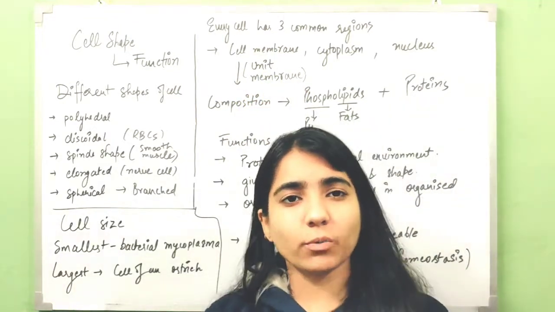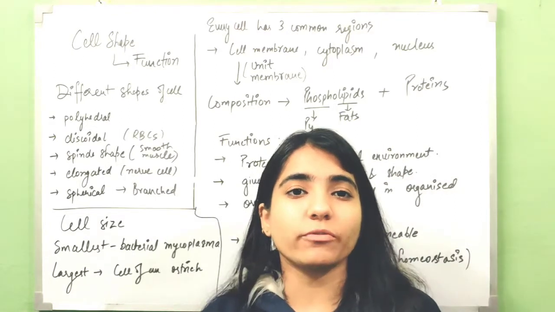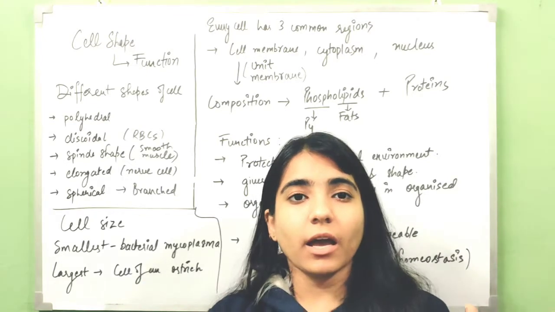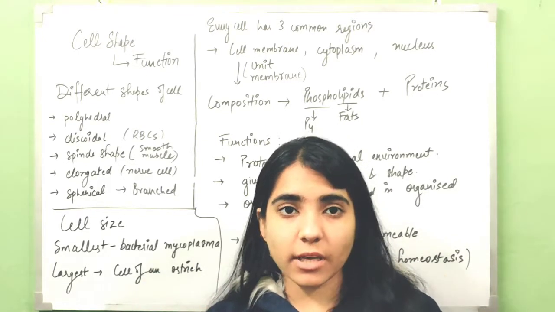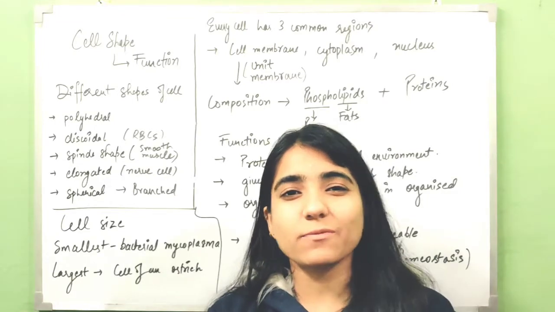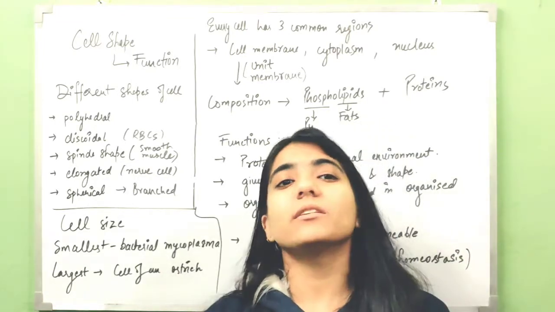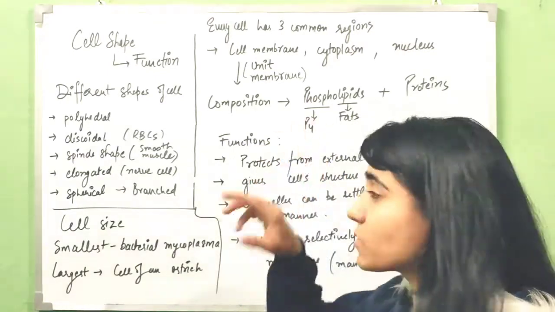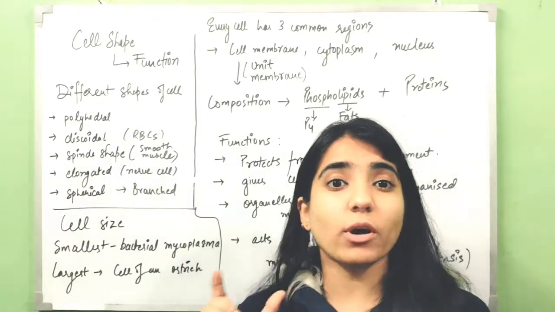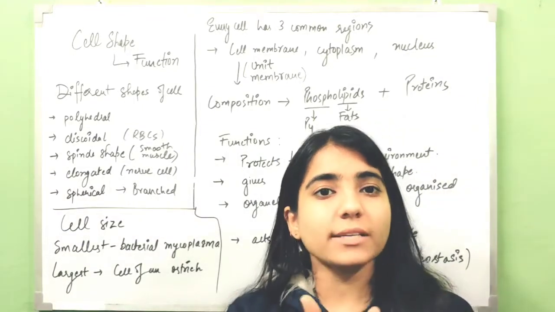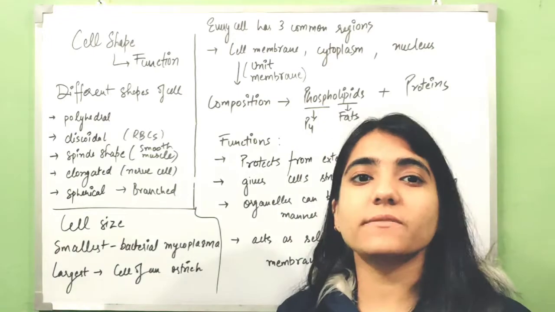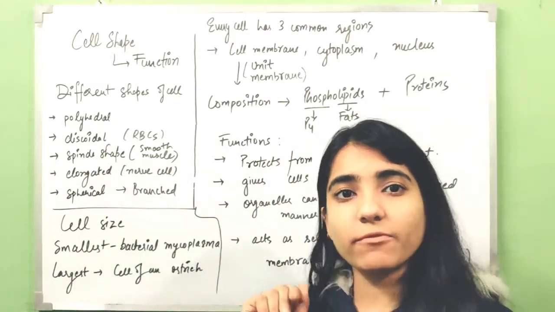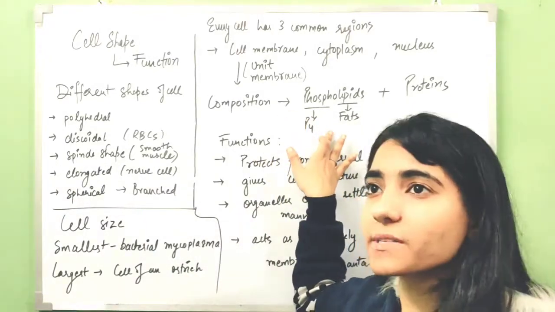Now coming to its composition, what is it made of? The cell membrane is basically made of two substances. One is phospholipids and the other is proteins. Now what are phospholipids? Lipids is another name for fats. And when the lipids are attached to a phosphate group, it is known as a phospholipid. Now what is a phosphate group? When 4 phosphorus combine, it makes P4, that is known as phosphate.